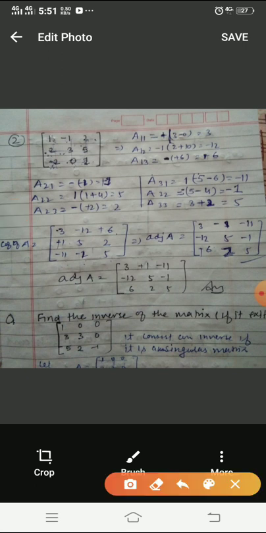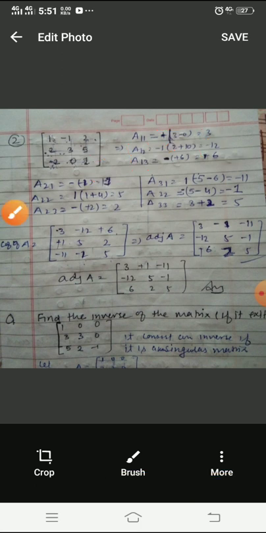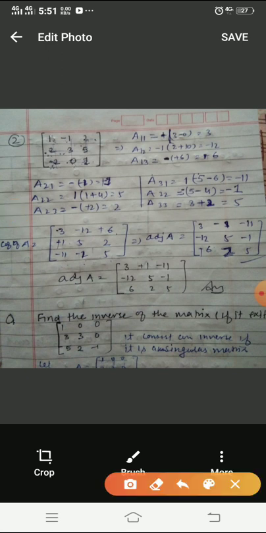So minus 1 to the power 3 plus 2, how much? 5. So minus 1 is there. Just look at that minus 1 I have mentioned here. Clear? And you are eliminating this row and this column. So what elements remain? 5 into 1 is 5 and 2 into 2 is 4. So 5 minus 4 is 1, with the minus sign, minus 1.